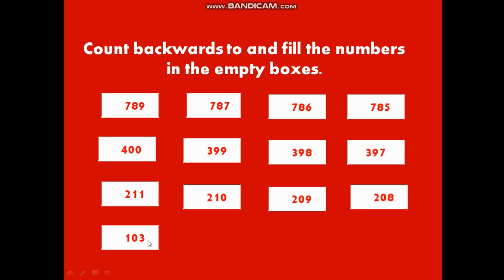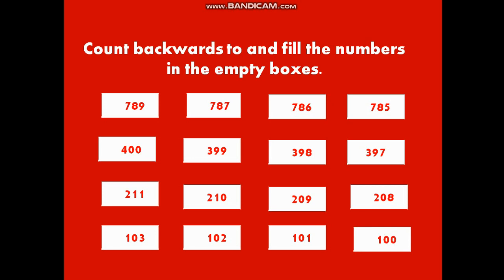Let's do this last number. What is it? Can you please read it for me? 103. 3. So what will come? 102. 2. So what will come? 101. Now 1 is there. What will come? 100.